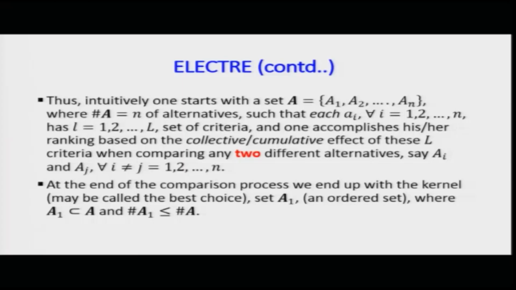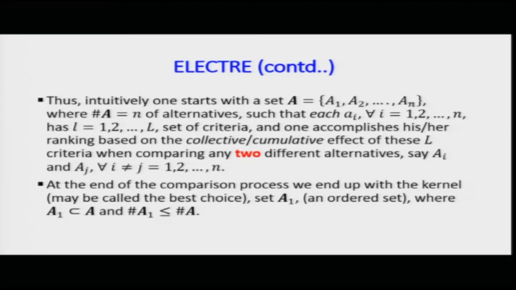Now, nomenclature would be important. So, I will go a little bit slow. Thus, intuitively consider you have the alternatives A given as A1 to An. Each alternative will have criteria. So, it can be C1 to Cm for A1, then again C1 to Cm for A2 and so on and so forth. Now, the number m which you will have for A1, A2, A3 need not be the same.